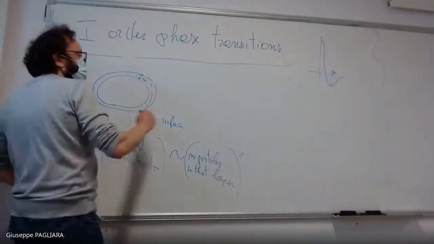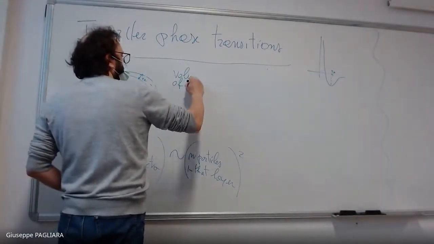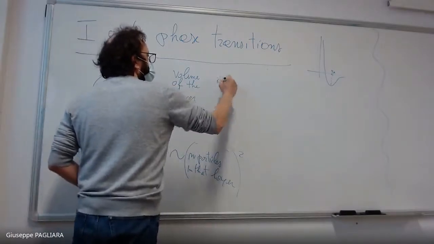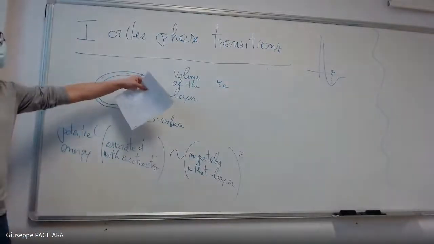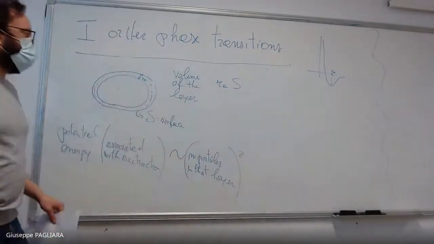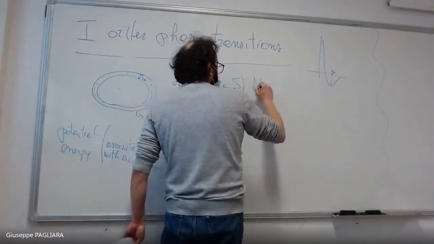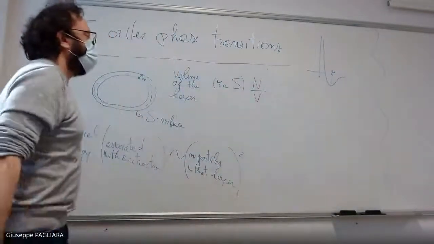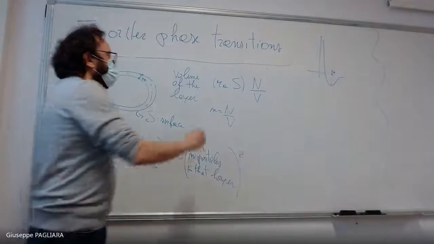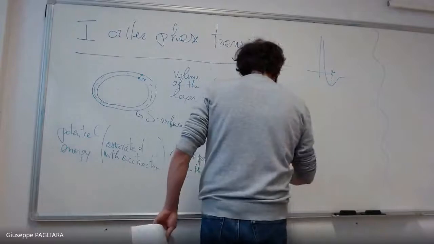Now, this layer has a volume which is RA, the scale of the attractive potential, times the surface. This is a volume. If I multiply the volume by a density, let's call it N divided by V, where N divided by V is the density of particles, then we have to square this.